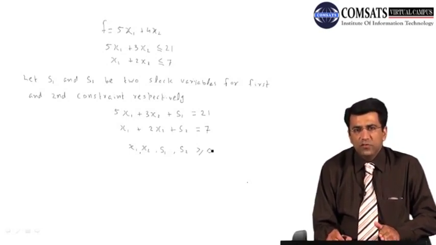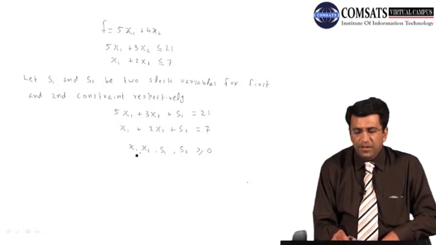Initially we had two variables x1 and x2, but after introducing two slack variables for the two inequalities, we now have four variables: x1, x2, s1 and s2. So this is the first step we used in the simplex method.